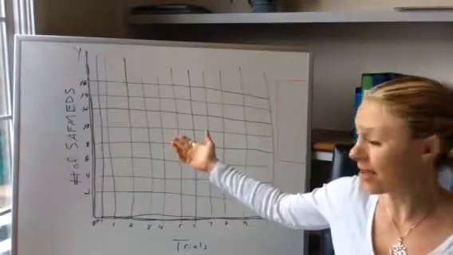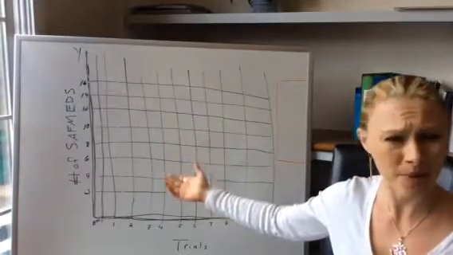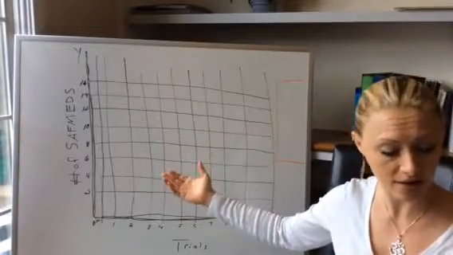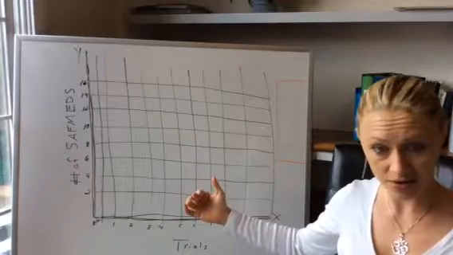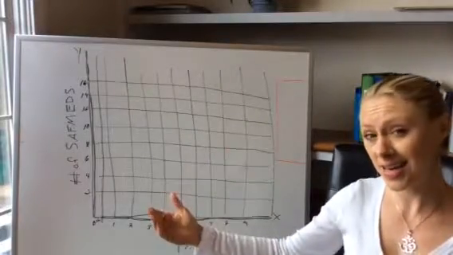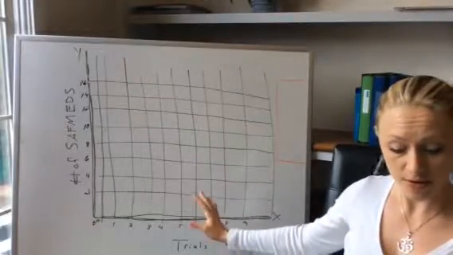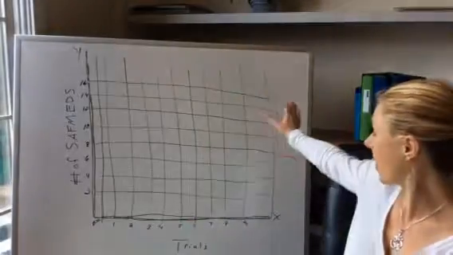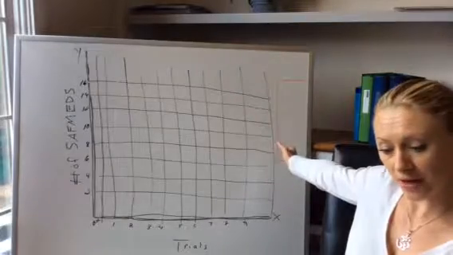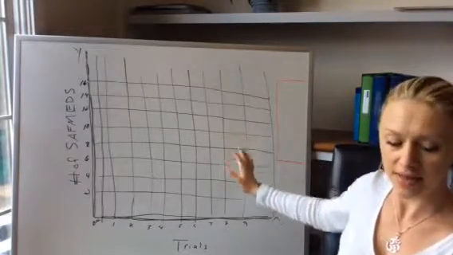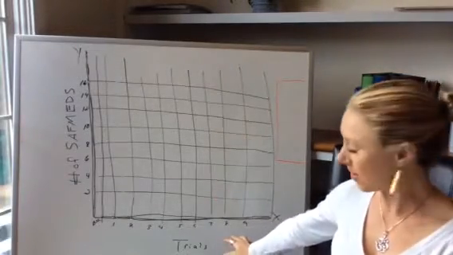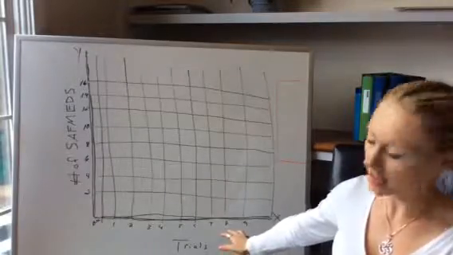Ours is going to be a measurement of how many SAFMED cards that we got correct or incorrect. The key to your data points is going to be located somewhere on the graph. Our key is off to the right over here, and typically it is off to the side of the graph, or it's under the x-axis.